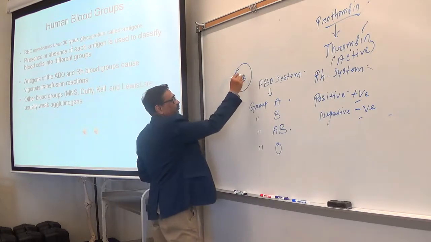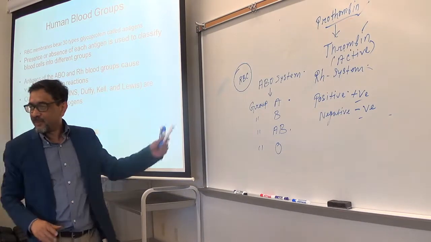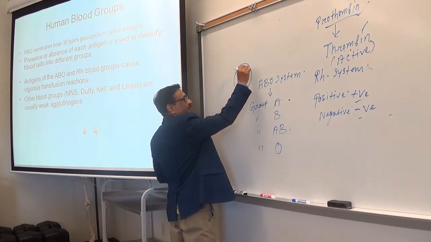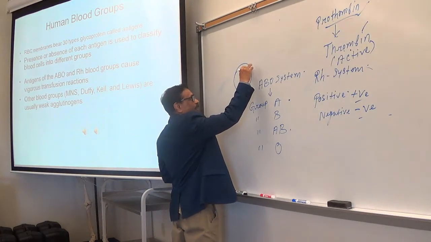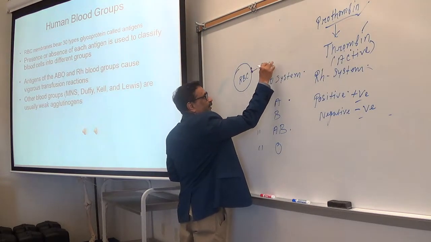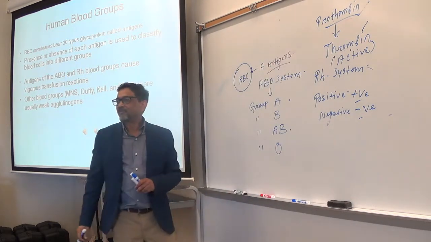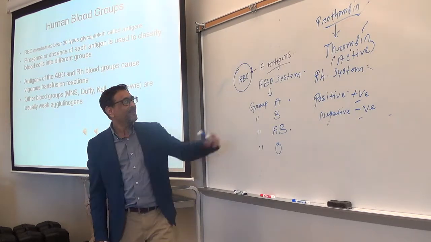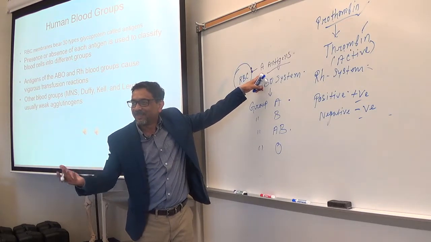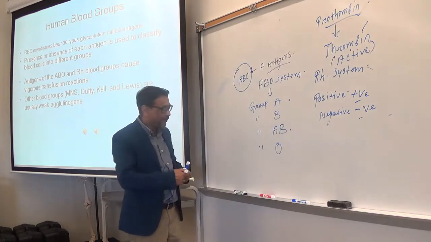If on the surface of the red blood cell you have A antigens, your blood type will be A. So what type of antigen is present? A is present only, so the blood type is what? A.